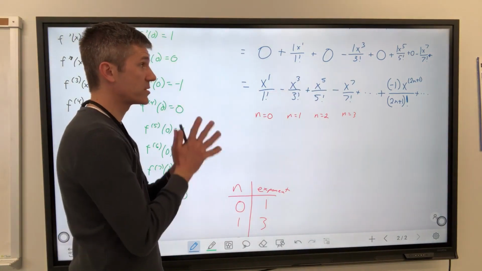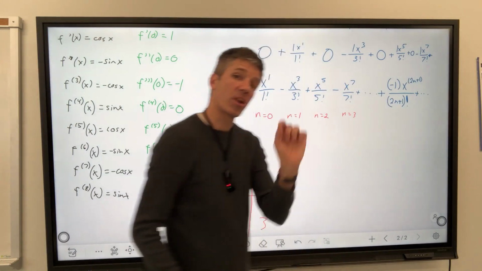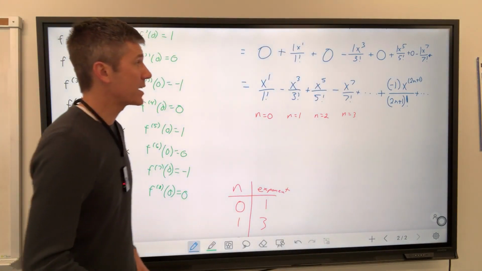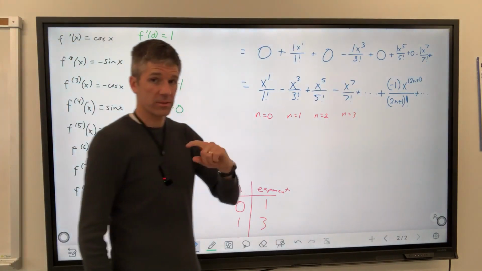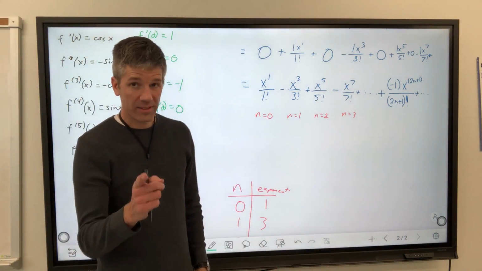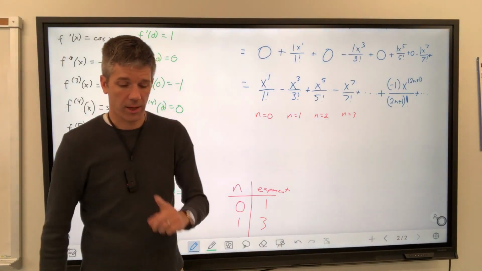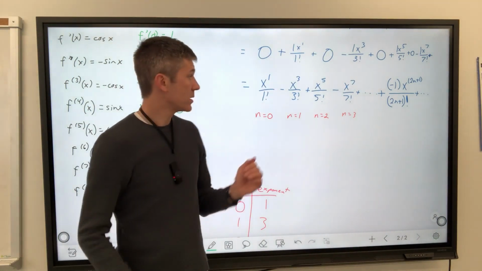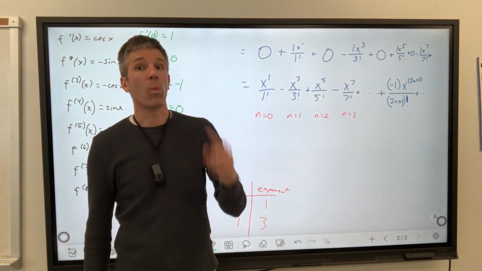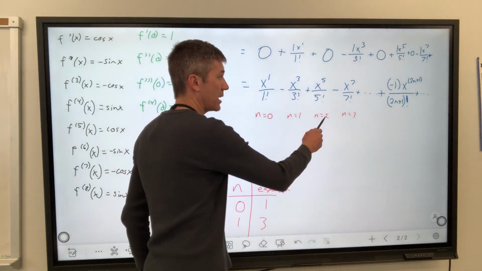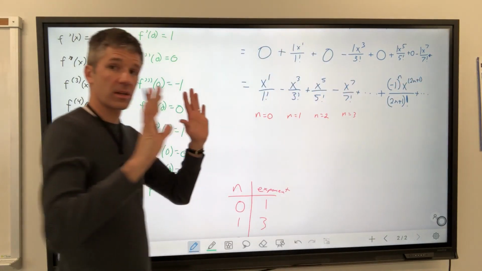So I need to determine the exponent of that -1 so I can make sure that every even term, starting with 0, is going to be positive, and every odd term is going to be negative. A negative number to an even power gives me a positive, and that's what I want. I want the evens to be positive, so we'll just raise it to the n, mission accomplished.